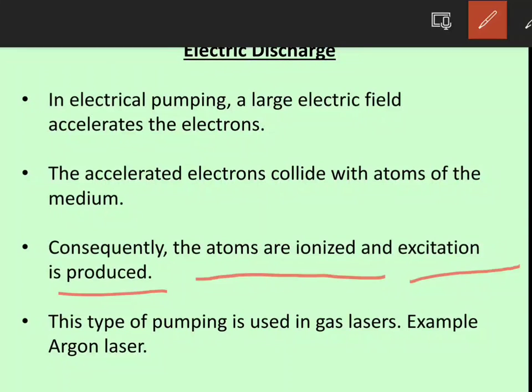This type of pumping is generally used in gas lasers, for example helium neon laser and argon laser. So in electric discharge pumping, the electric field is the external source, the energy used to accelerate the electrons.